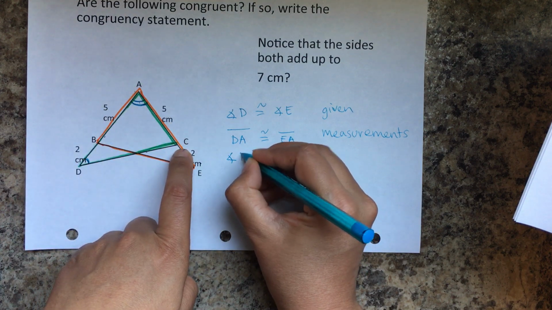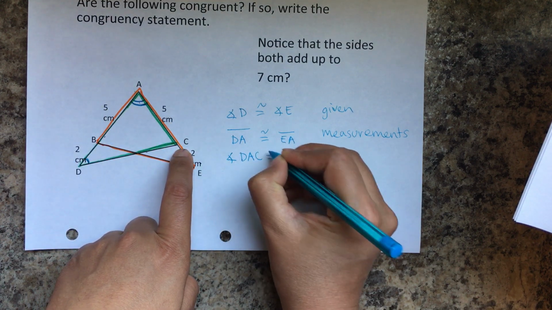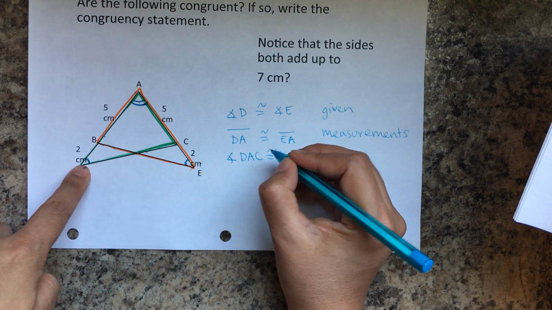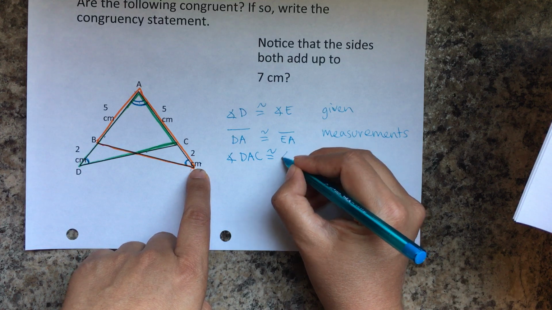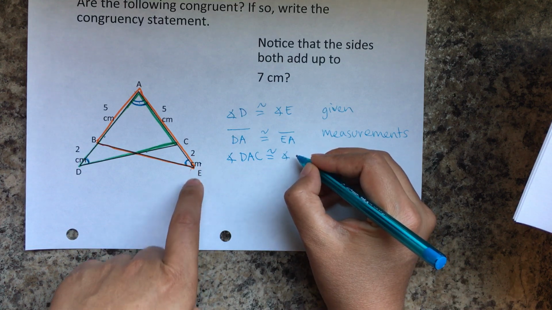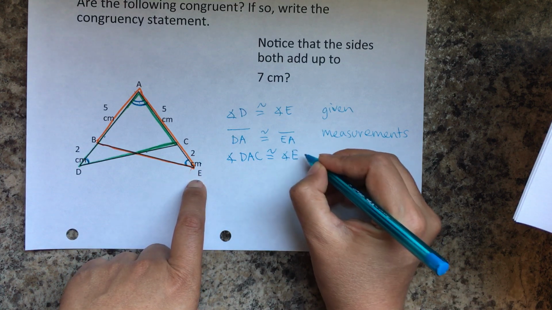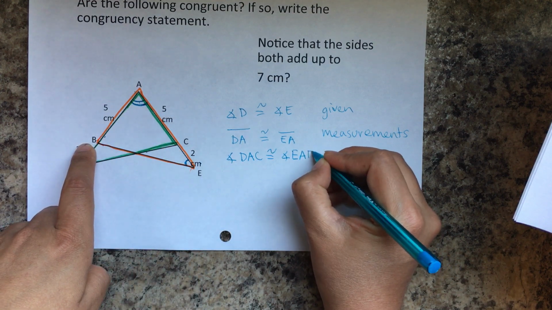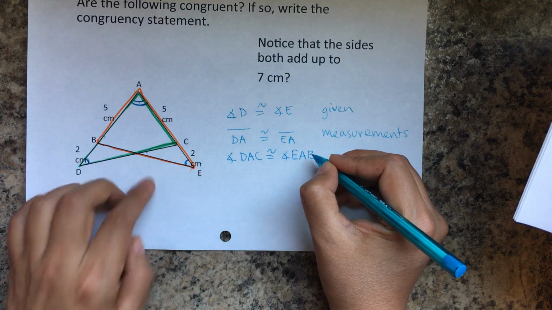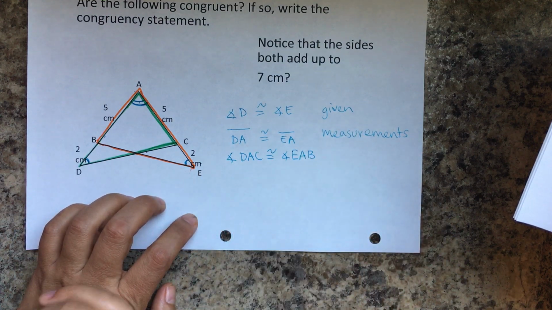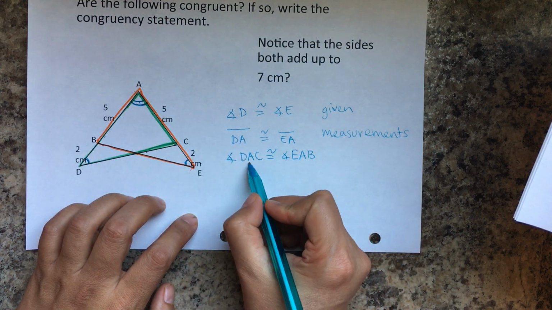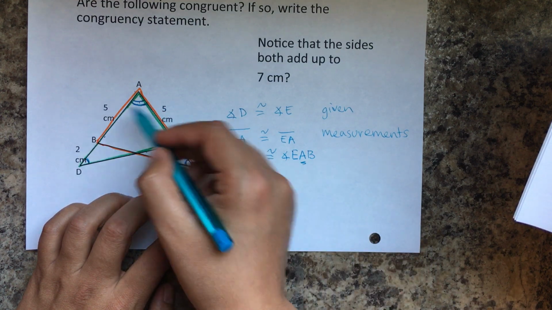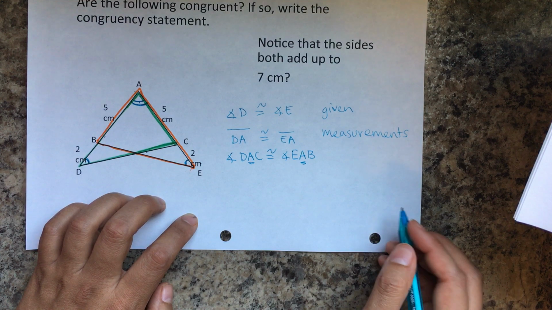So angle DAC is congruent to, since I started at the pointy part in here, I'm gonna start with the pointy part here for the orange now, to angle EAB. Okay, so it's the same angle. Notice that it has the same middle in here, but it's being shared by both triangles.